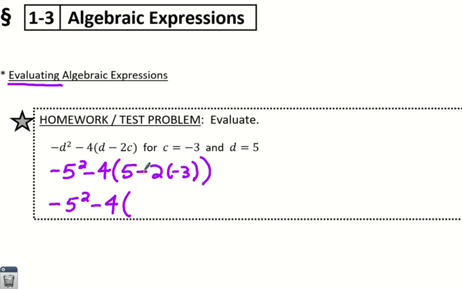Or you could just deal with this minus right now and think of it as a minus 2 times minus 3, or negative 2 times negative 3, which is a positive 6. Either way, you end up with basically 5 plus 6. And again, I guess we're still not done with the parentheses if we're going to follow this religiously. And 5 plus 6 is 11.